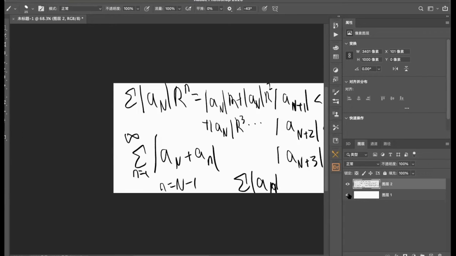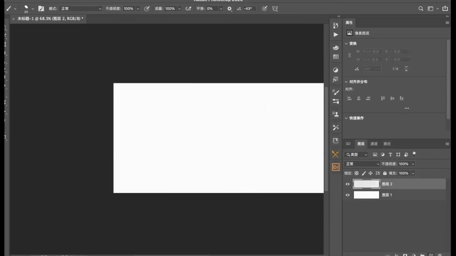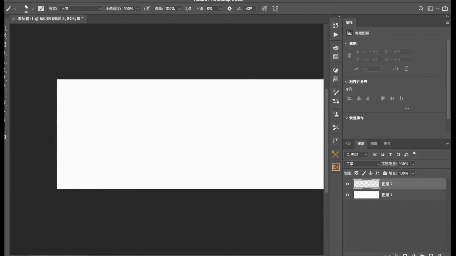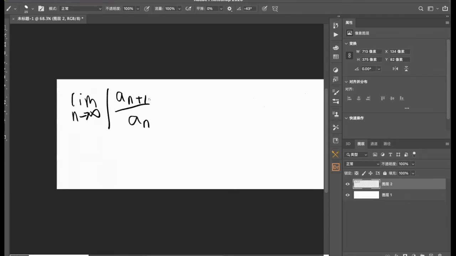Okay, but after I talk about so much proof, you don't need to know those proofs for your AP exam. All you need to know is to memorize this equation: the limit as n approaches infinity of an plus 1 over an, and see if it's smaller than 1.